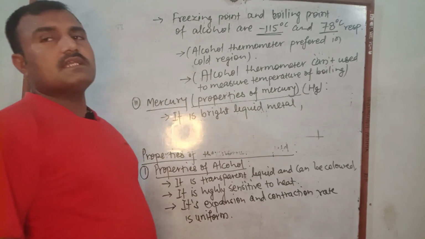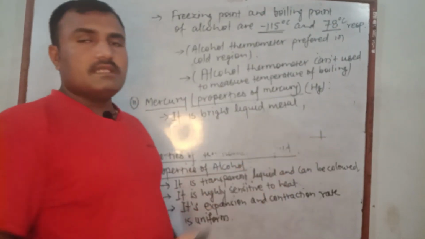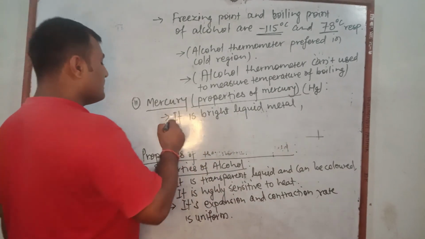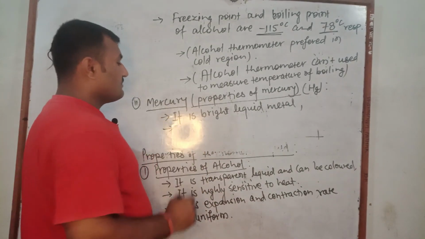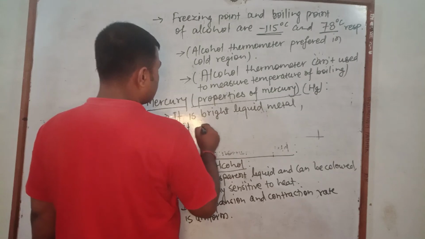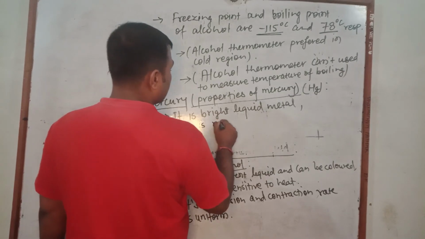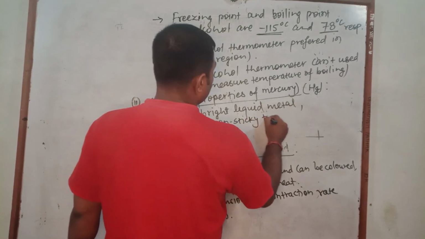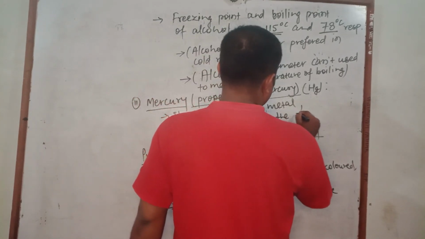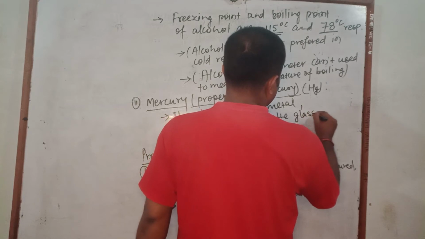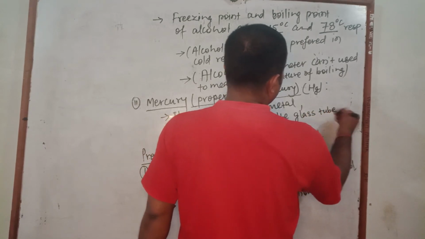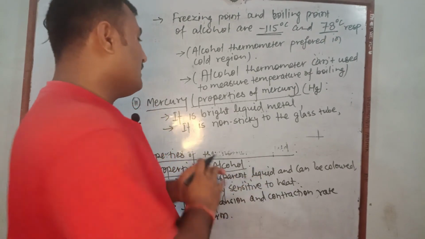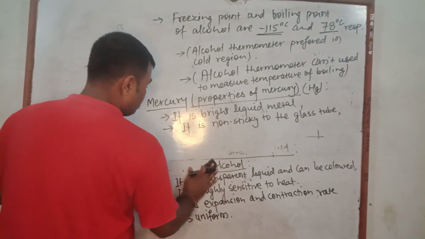Due to that reason, it is easily observed in the tube of the thermometer, so it easily measures the temperature of a substance. It is non-sticky to the glass tube, non-adhesive to the glass tube, therefore it does not wet the wall of the thermometer.